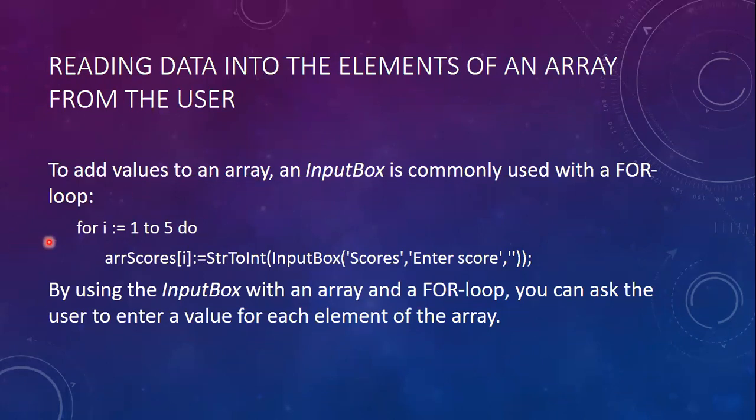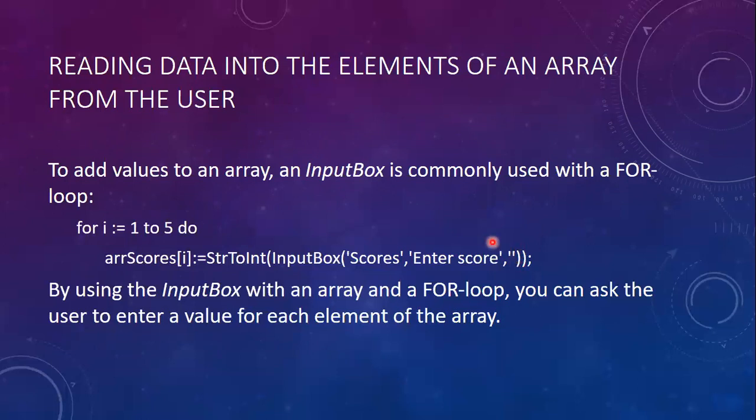So let's see here. And do you see that I'm using a for loop here? For 1 to 5 do. Go and read the scores. So it is a scores input box. I'm trying to find out your scores. My instruction says enter the score which you received. And the edit box inside the input box is empty, where the user is going to type.